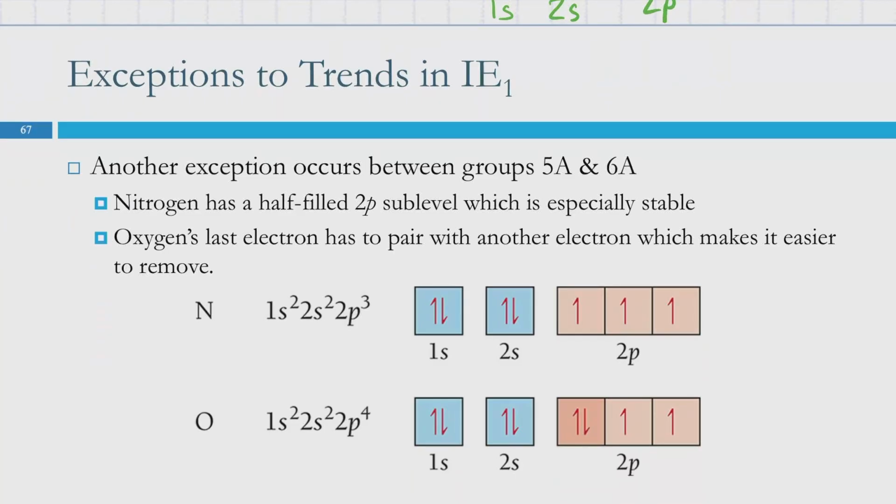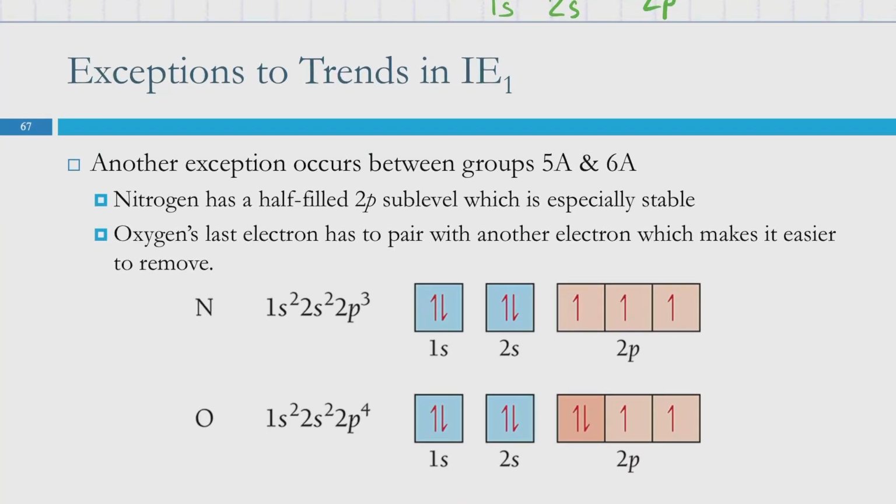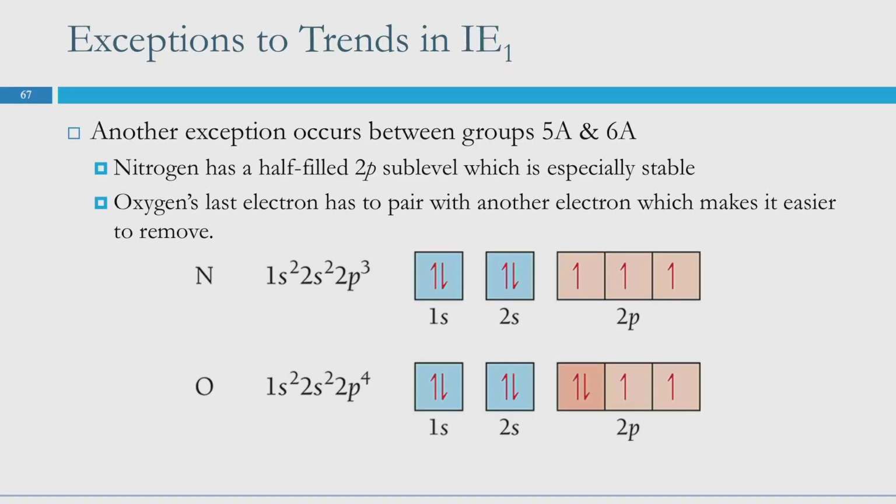Another exception occurs between our groups 5A and 6A. So nitrogen has a half-filled 2p sublevel, or subshell, as I'm accustomed to calling it. That makes it especially stable.